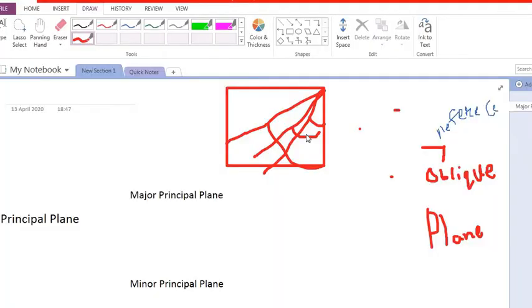At this theta the area of this oblique plane will be different, and at this oblique plane the area will be different. I think it will be clear to you.